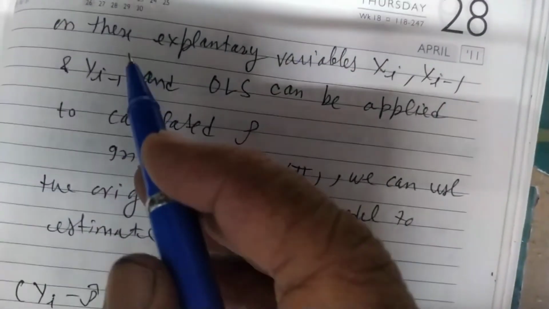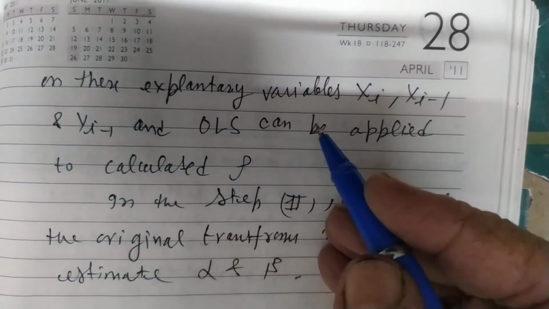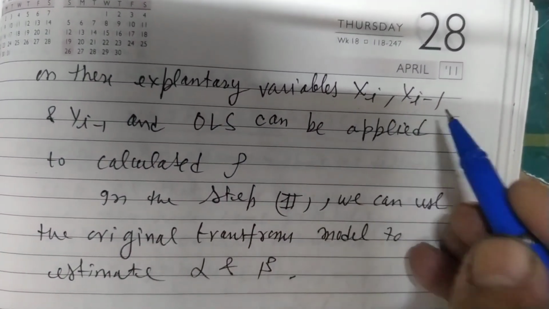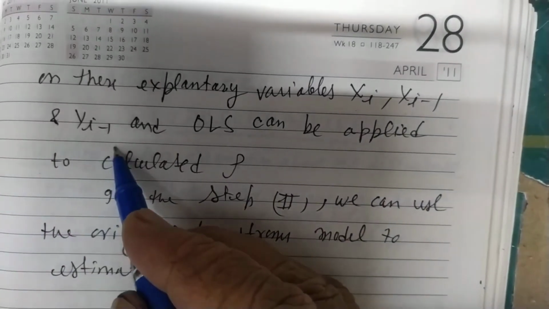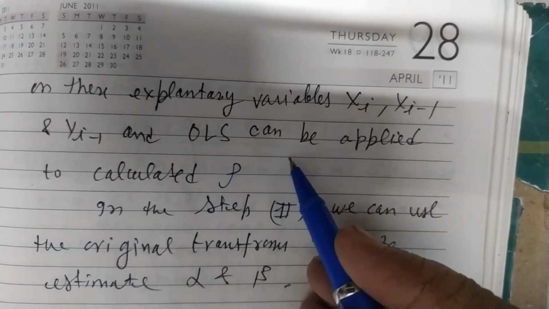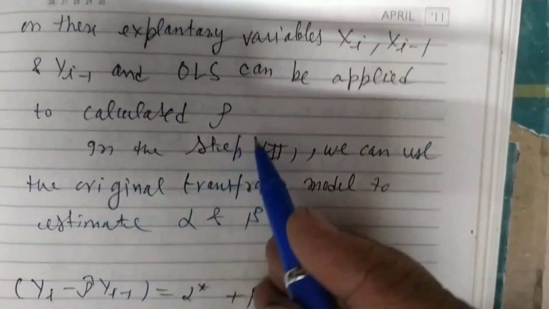On the explanatory variables xi, xi-1 and yi-1, ordinary least squares can be applied to calculate rho.